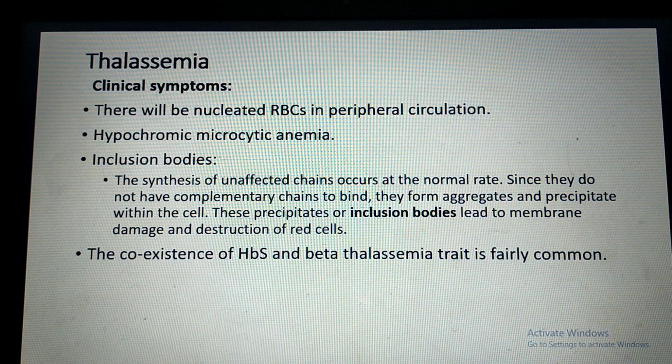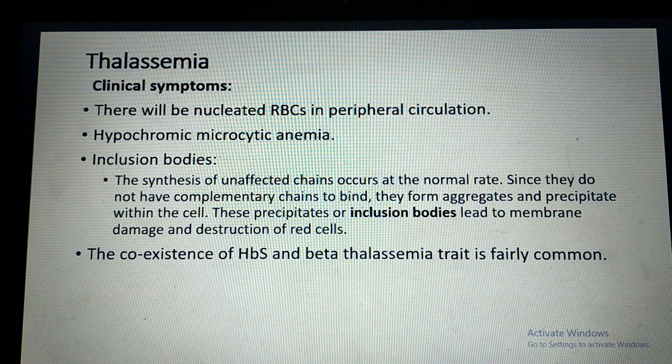It cannot form a hemoglobin molecule. So such extra globin chains precipitate and are seen as inclusion bodies inside the RBCs. These inclusion bodies lead to damage and destruction of the red blood cells. Sometimes beta thalassemia is also associated with hemoglobin S.